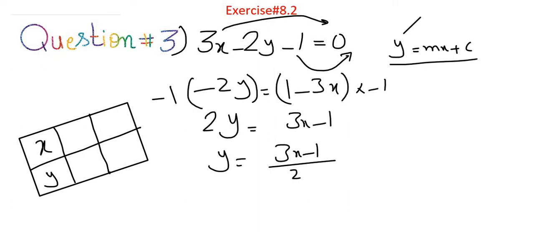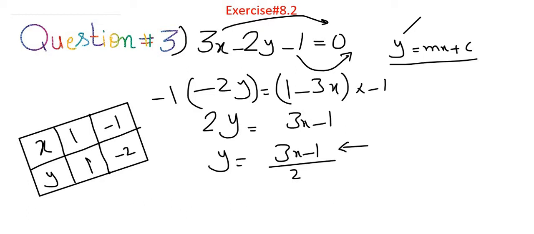I put random values: x is equal to 1 and minus 1. When I put the values of x, 1 and minus 1, in this equation, I get two values of y. When I put 1 I get 1, and when I put minus 1 I get minus 2, the value of y.